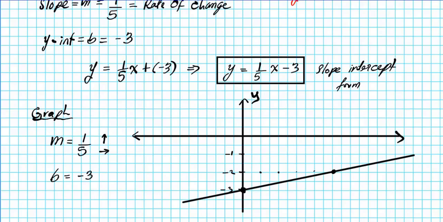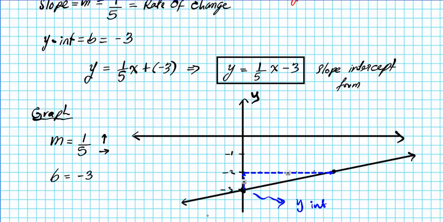All right, so since it's a line, it goes infinitely in both directions. Okay, so just to label, right here, this is our y-intercept, okay? Y-intercept. And then this right here is our rate of change. You rise 1 and run 5.